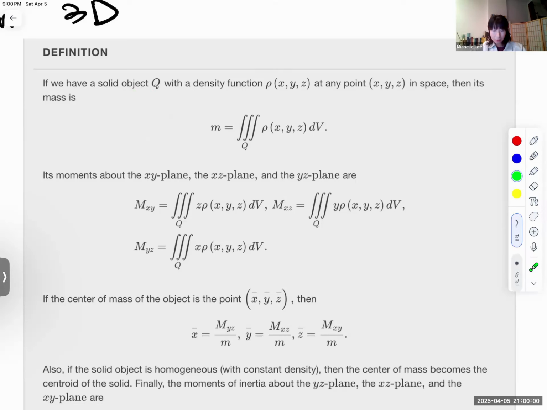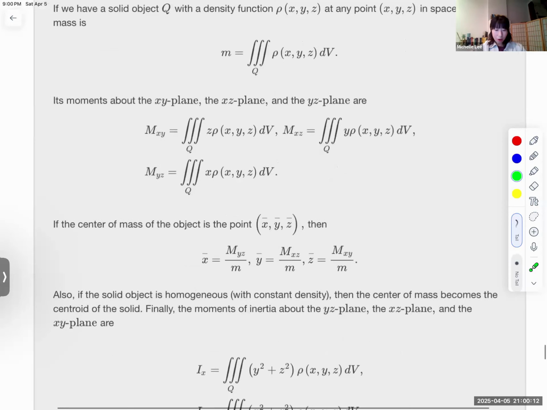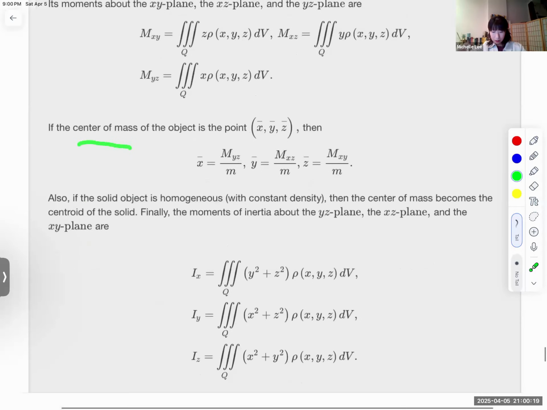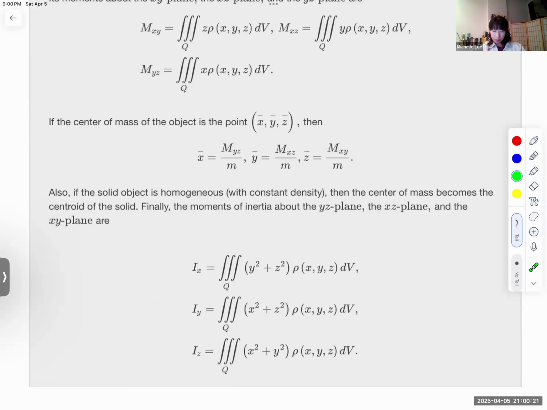Then how do you find the mass? By using triple integration of the density function over the volume. Then we have a moment. We have a center of mass. And then we just learned that, right?